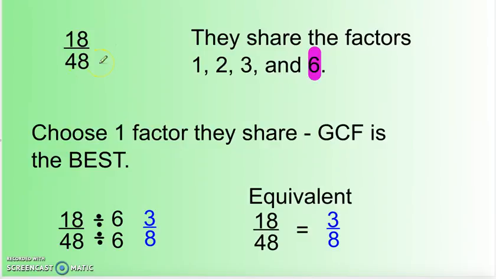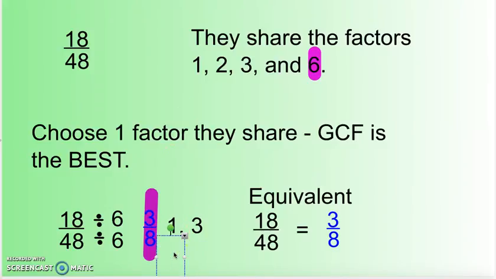So that I can get down to the simplest fraction, the simplest amount for the numerator and the denominator. And so let's take 18 divided by 6 is 3. 48 divided by 6 is 8. Now, if I look at 3/8, I know that the only factors that I can get to 3 are 1 times 3.